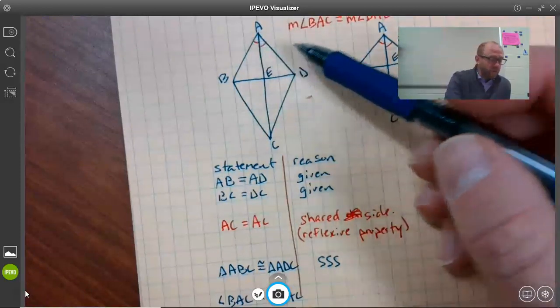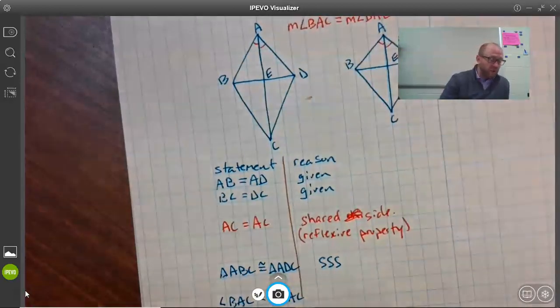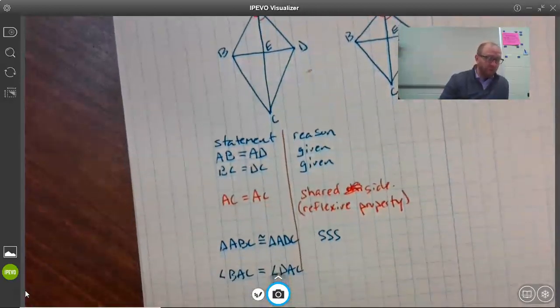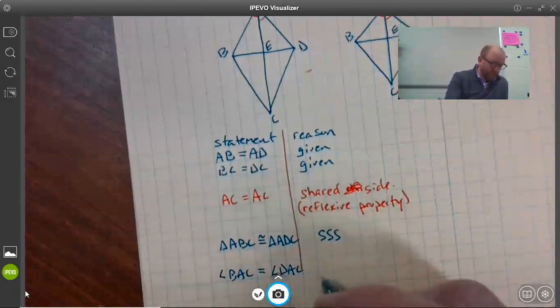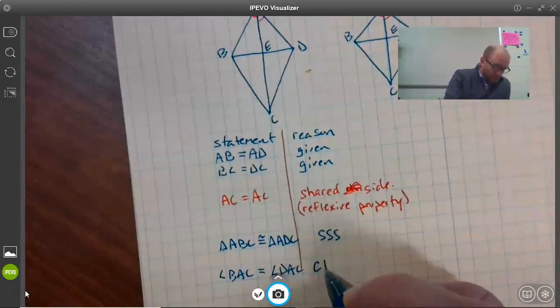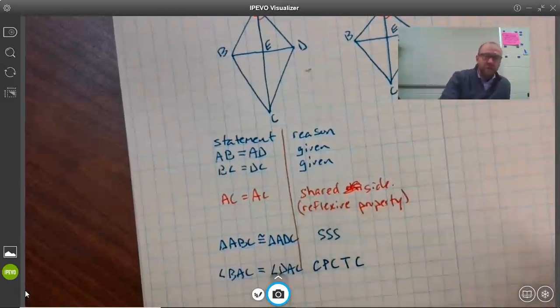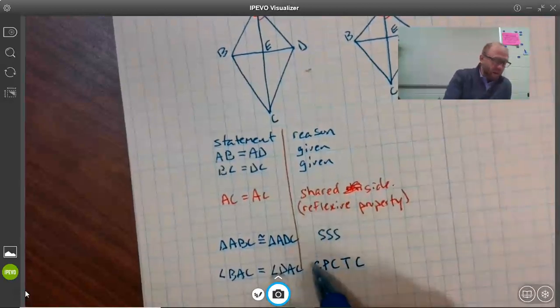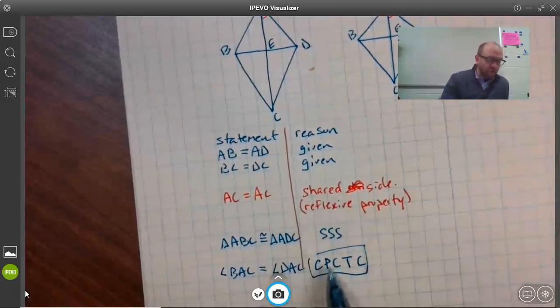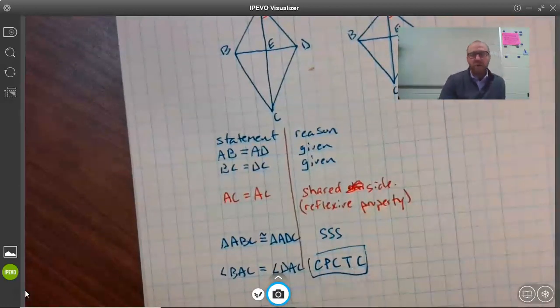These two angles must be the same because they are corresponding parts of congruent triangles. And you'll also often see that abbreviated as corresponding parts of congruent triangles are congruent. It's a pretty common abbreviation you'll see in proofs. Corresponding parts of congruent triangles are congruent.